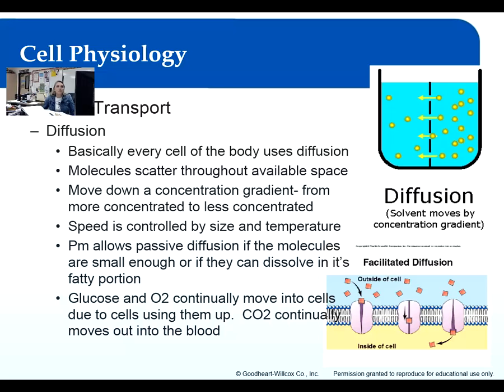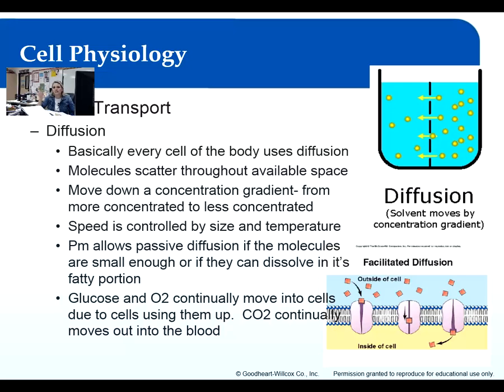PM stands for plasma membrane, by the way, and it allows passive diffusion if the molecules are small enough or if they can dissolve in its fatty portion, that phospholipid bilayer. So passive diffusion can occur if the molecules are small enough to fit between the phospholipids, or if they're soluble in that fat.